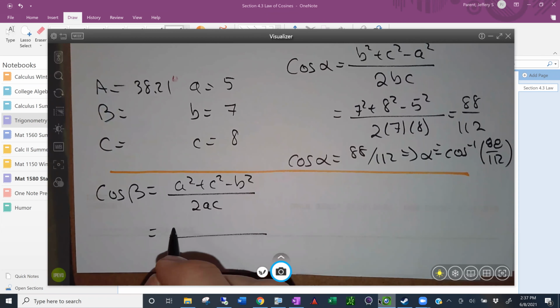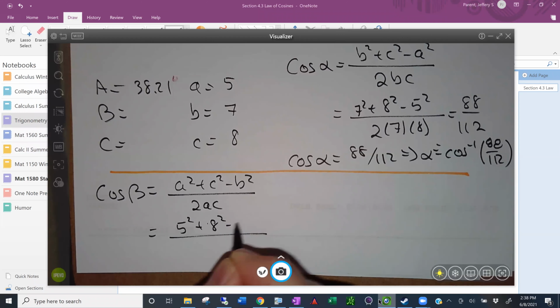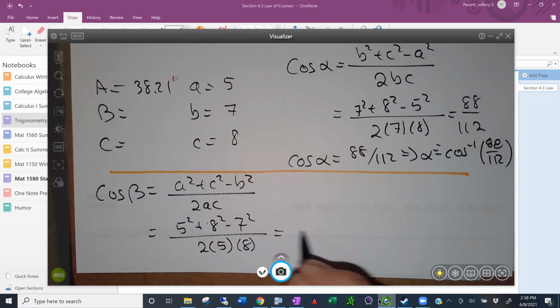Plugging that in, it's going to be 5 squared plus 8 squared minus 7 squared over 2 times 5 times c, which is 8. So in the denominator, I just get 80.